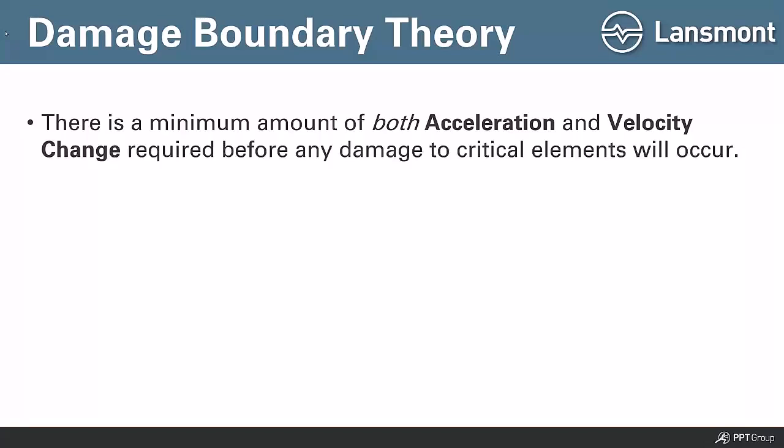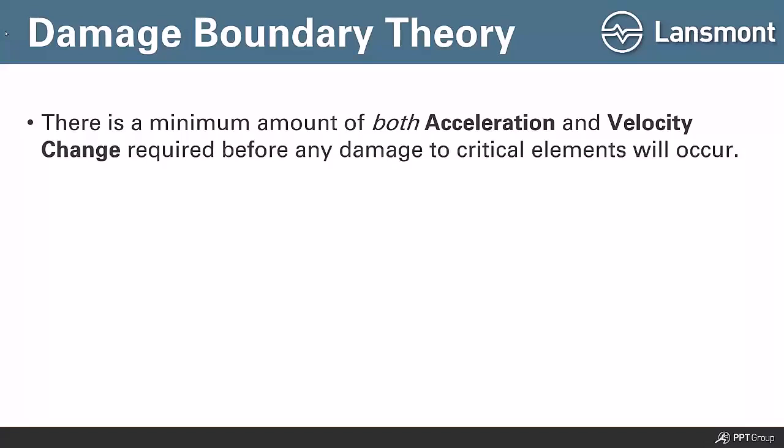acceleration, big G levels all by themselves, might not look good or sound good, but all by themselves, a number like 200 Gs sounds like a big number, and it is a big number. But if there isn't a lot of velocity change associated with that 200 Gs, you don't need to worry about it, believe it or not.